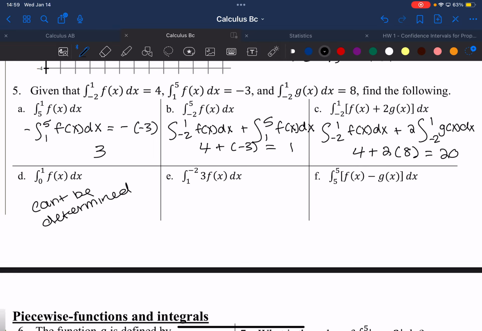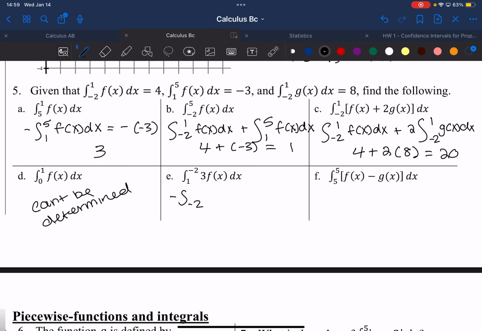Okay, so group 7, what's the answer to E? -12, perfect. Group 8, what's the answer to F? 0, perfect, thank you. So here, it says g of x for -2 to 1. Okay, so we're going to swap this to make sure we have our lower bound in the correct spot.